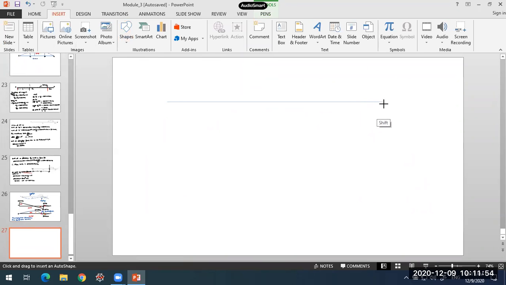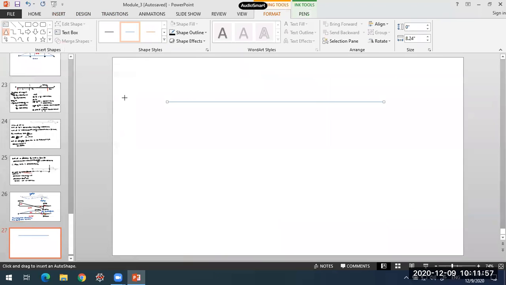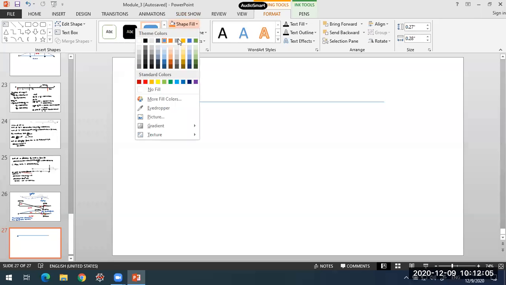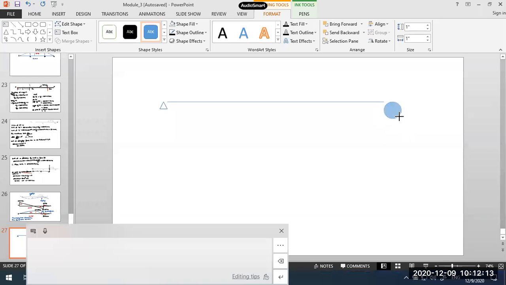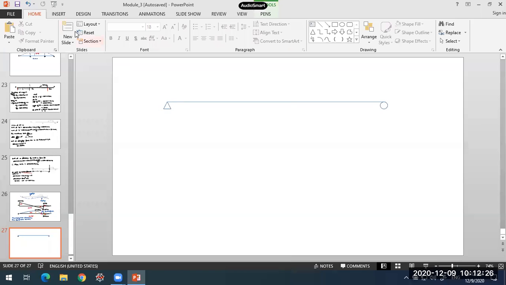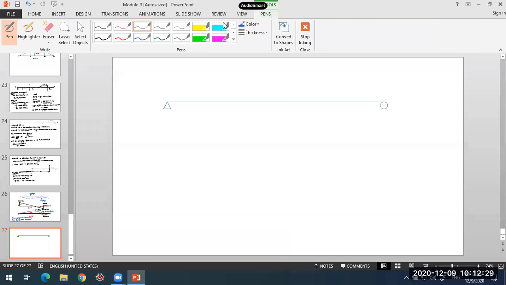In case of a simply supported beam, okay, so if this is a simply supported beam, and say we have a uniformly distributed load applied on this beam.